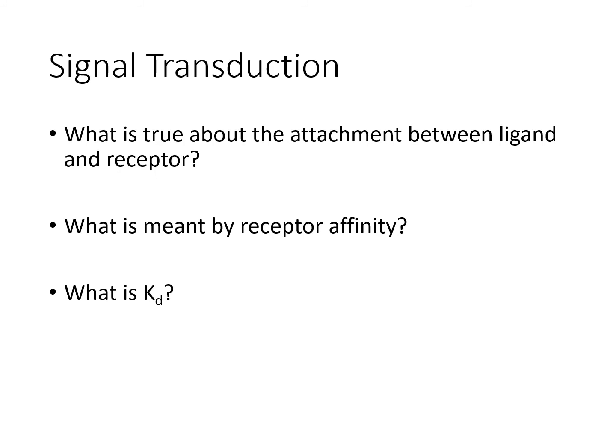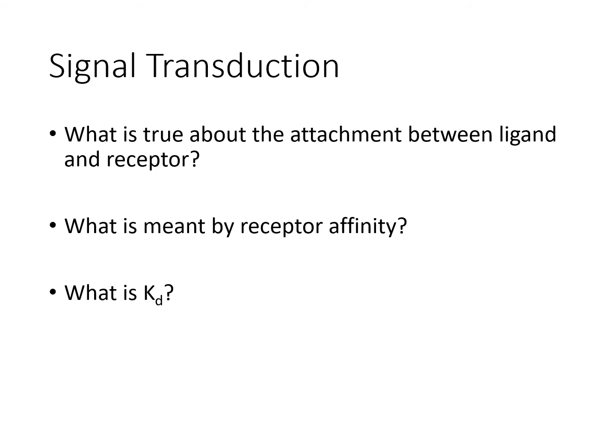In a simple word, receptor affinity is the relationship between the concentration of ligand in solution and the number of receptors occupied. So the association and dissociation of this ligand can be expressed in numbers by using the dissociation constant, or we call it Kd.